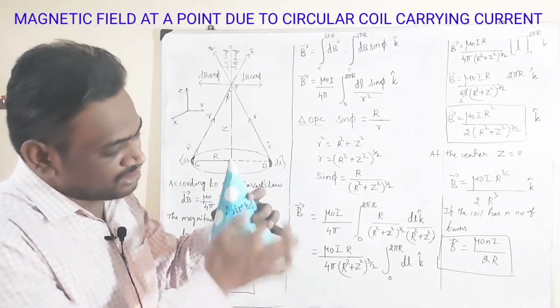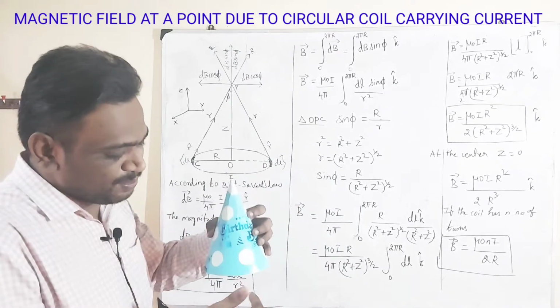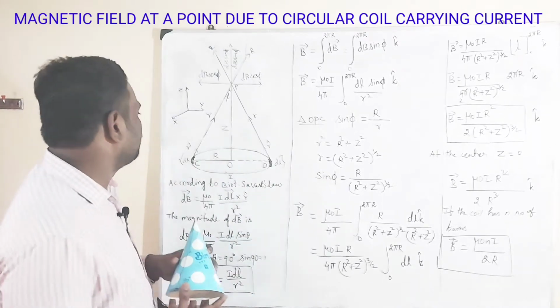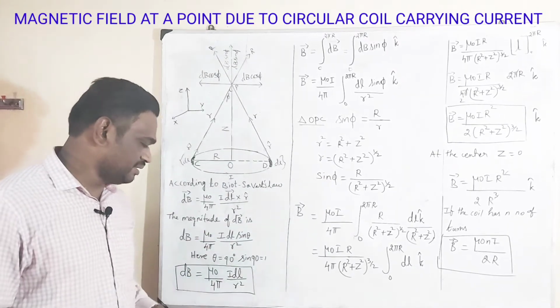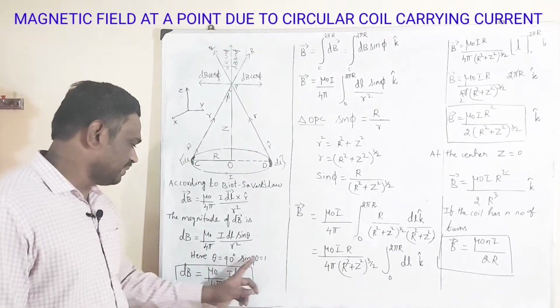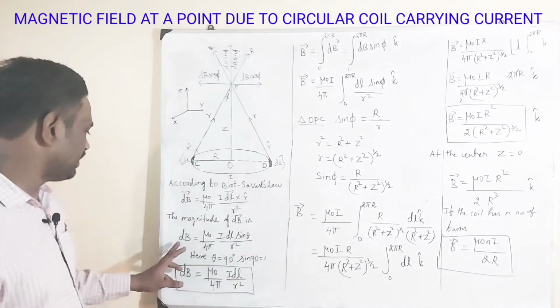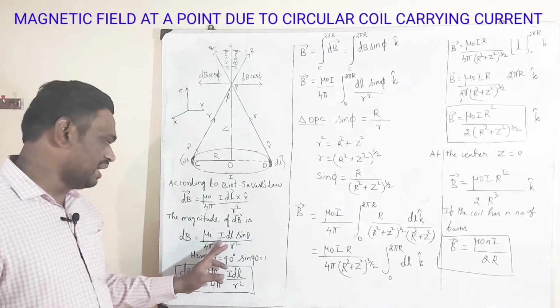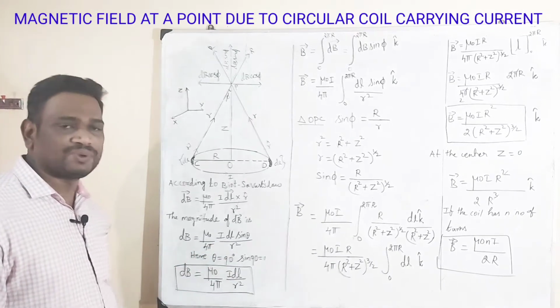So whatever line you draw on the circle, that line is perpendicular to this curved surface, so the angle is 90 degrees, and sin 90 is equal to 1. So we can write the Biot-Savart law as dB is equal to mu naught by 4 pi, I dl by r square.